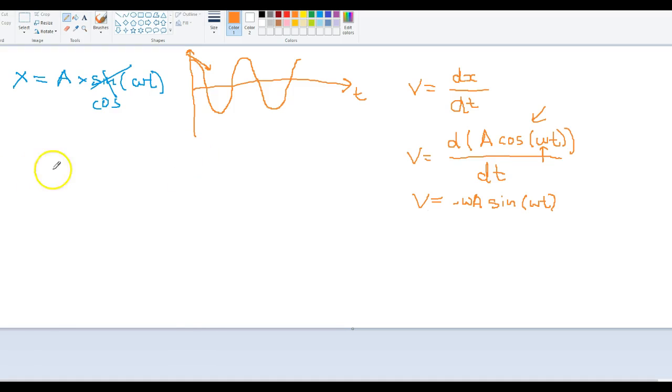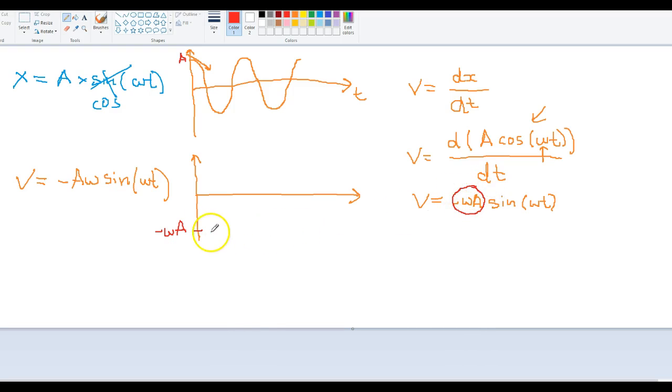which if we were to draw that, we would find that we start off at a negative value of minus omega A. So this value here is A. Remember, the value of sine takes on whatever it's been multiplied by at the beginning.